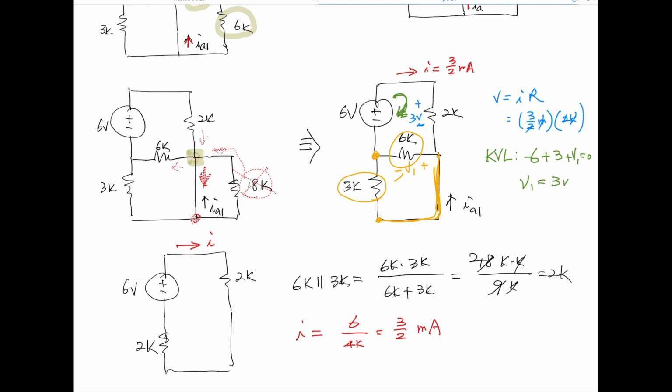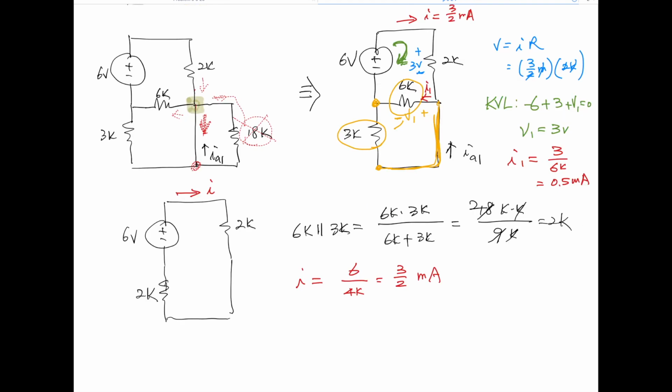That means the current going in that direction, I'm going to call I sub 1. I sub 1 equals V over R, so 3 over 6K, that is 0.5 milliamp.